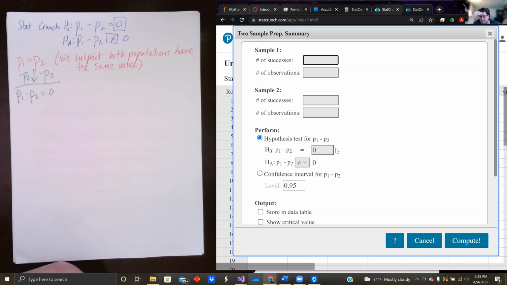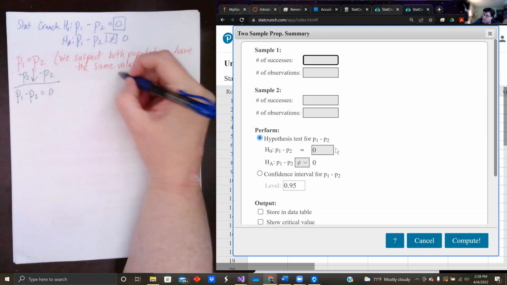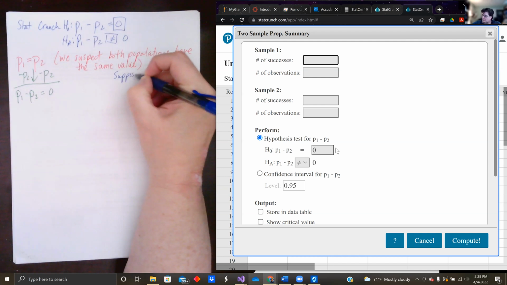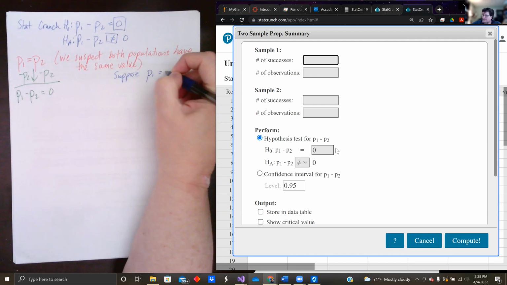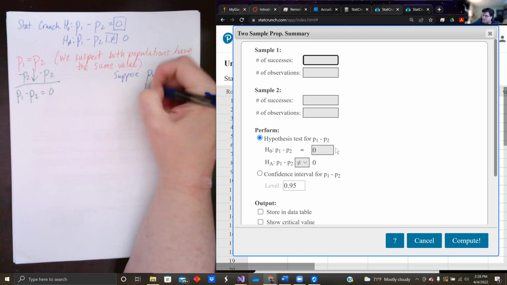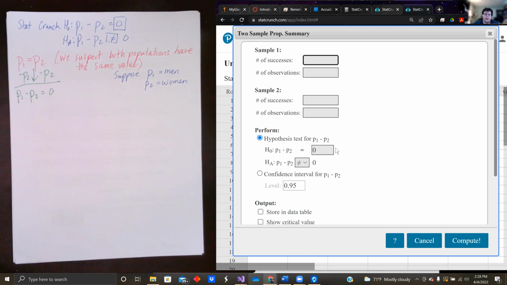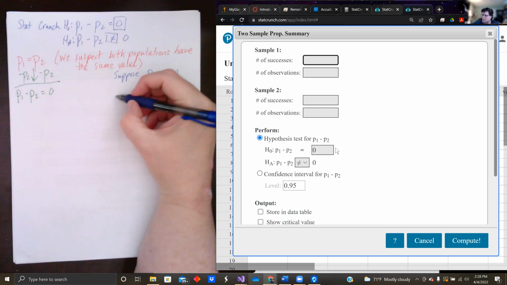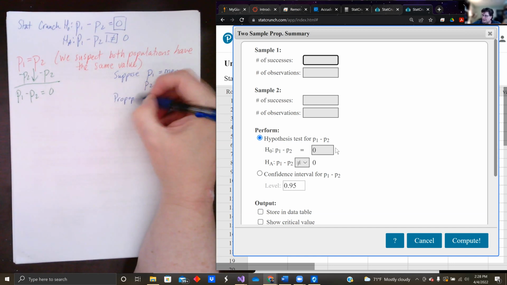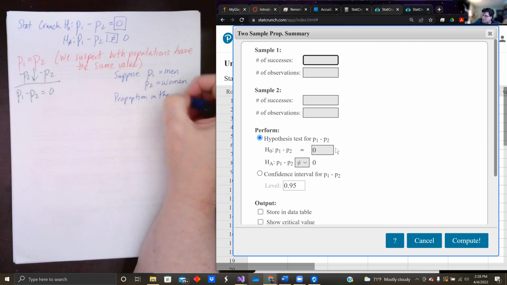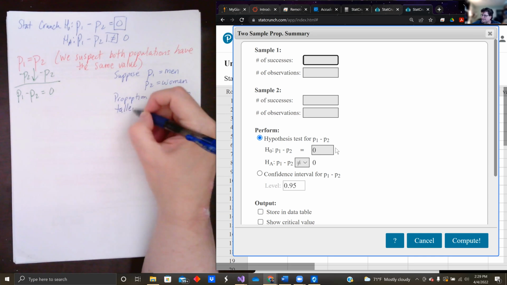Now, that's when we suspect they both have the same value. That's why they put it this way, because the next question makes it a little bit easier to edit this value. Let's say P1 is for men and P2 is for women, and we're talking about the proportion in the group taller than 5'7".